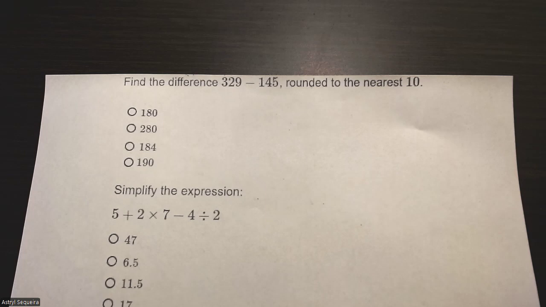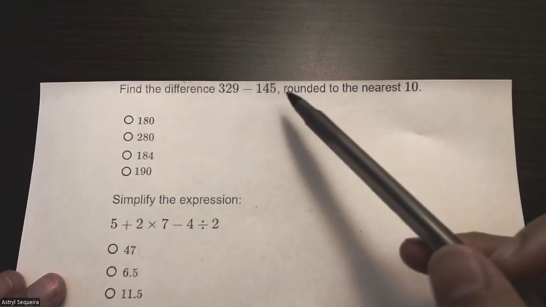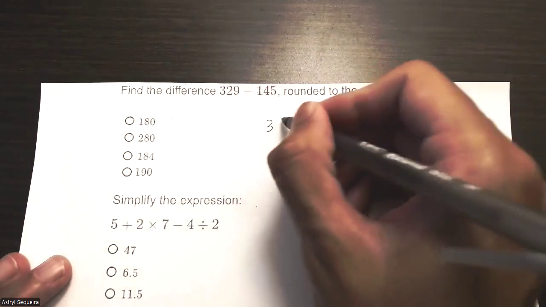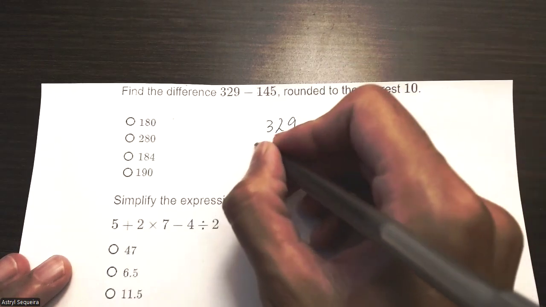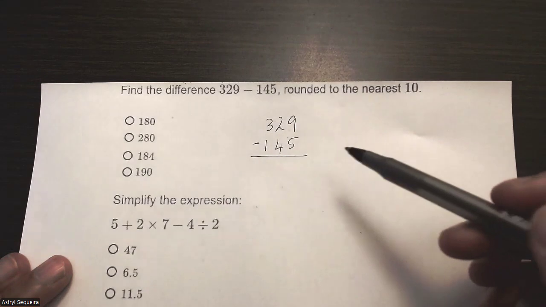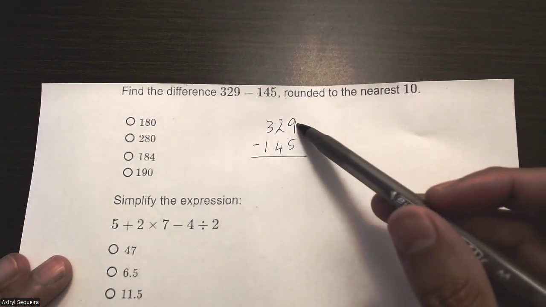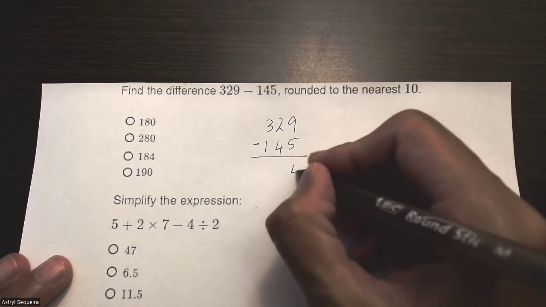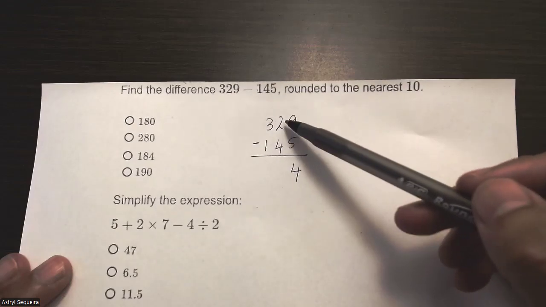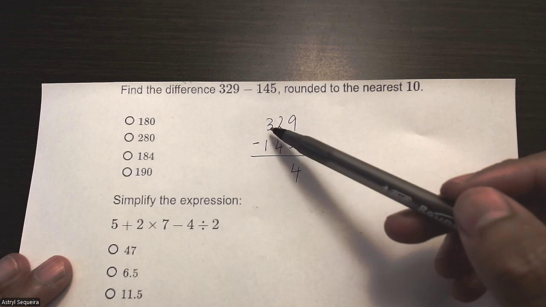So find the difference of 329 minus 145 rounded to the nearest 10. So let's do regular subtraction for that. I'm going to start at the right over here. So 9 minus 5 is just 4. I can't do 2 minus 4 because 2 is smaller than 4, so I need to borrow.